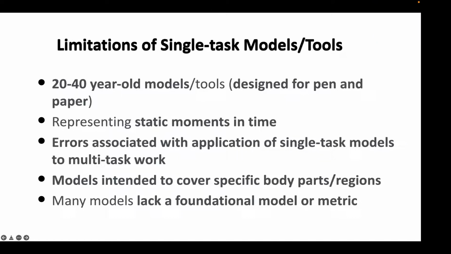Yeah, sure. There are a lot of these, the background for the tool, the motivation for the tool. It lacks a foundational model, and the thing about using recovery allowance and maximum acceptable expenditures and fatigue failure is that it accounts for a lot of that nonlinearity, and it creates a natural way for people to aggregate across tasks, which goes along with our rules for what ideal tools might look like.